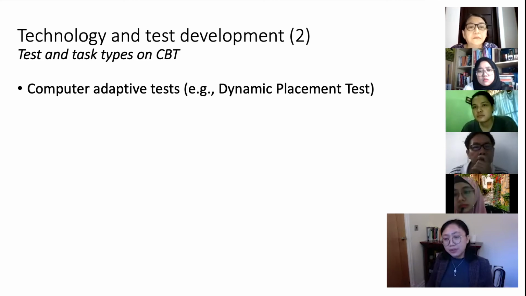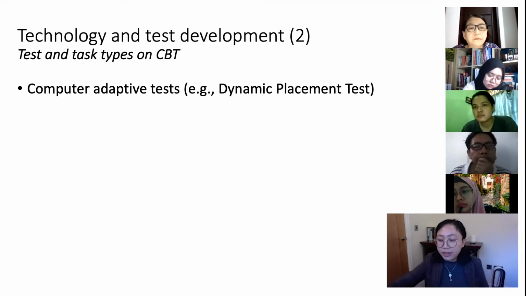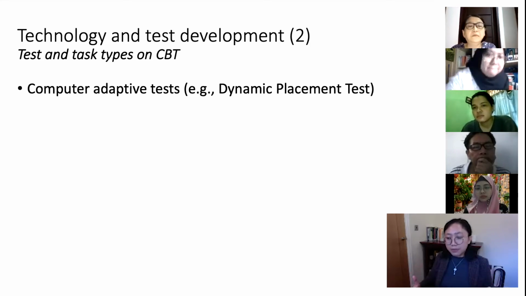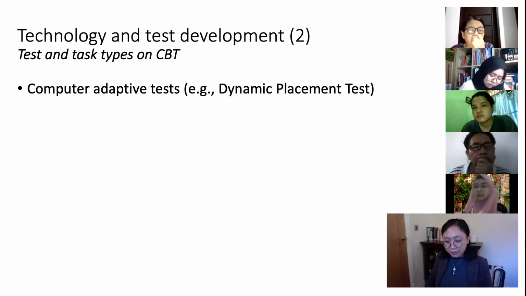So if you answer the initial questions correctly, then you will get increasingly difficult questions. On the other hand, if you answer items incorrectly, the next questions you will be getting will be easier. So the idea is to adapt the test content to your performance level to finally arrive at your proficiency level.